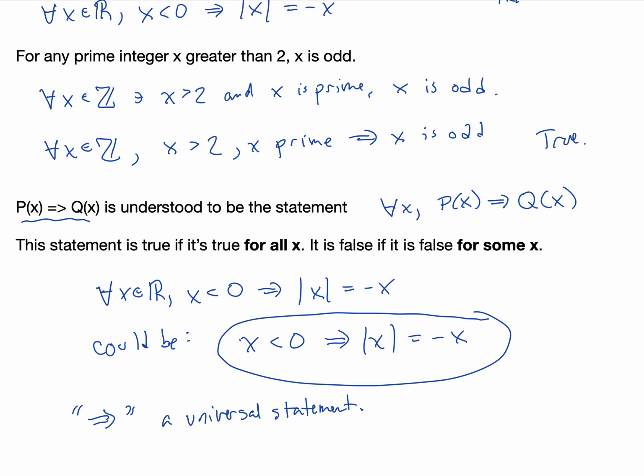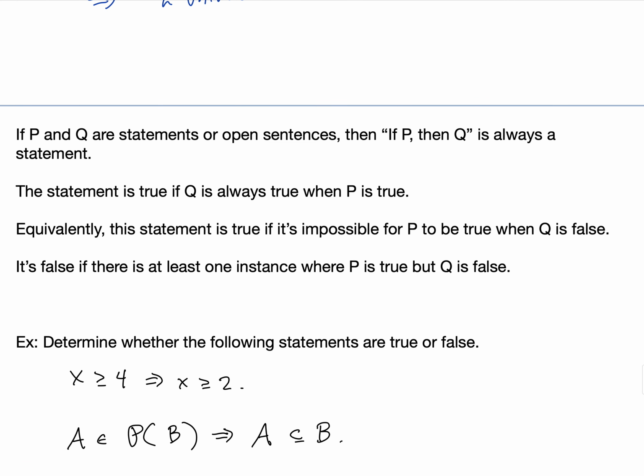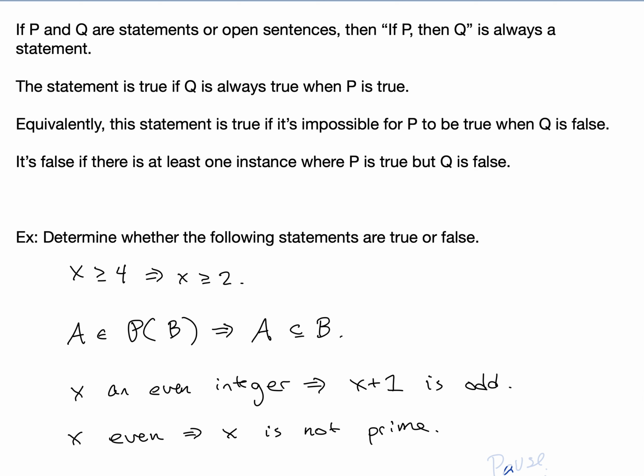To reinforce that idea a little bit more, if P and Q are statements or open sentences, then if P, then Q is always a statement, and that statement is true if Q is always true when P is true. Or another way to think about that is this statement is true if it's impossible for P to be true when Q is false.